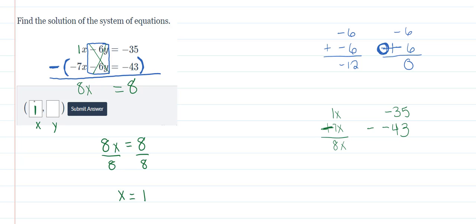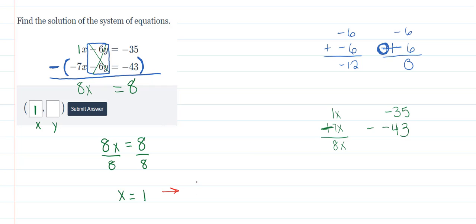In an ordered pair x, y, I have the x. So I'm going to go back and use that x equals 1 and plug it into either original equation. So let's see.